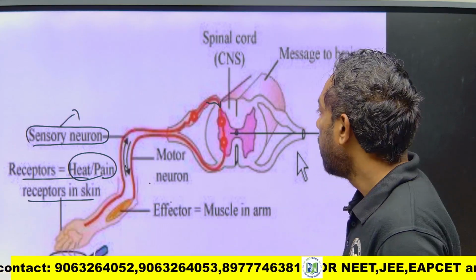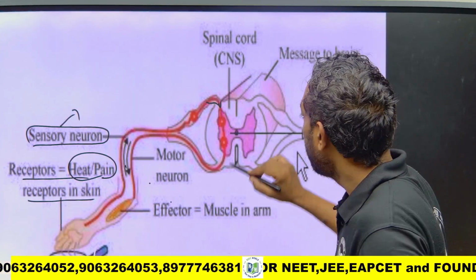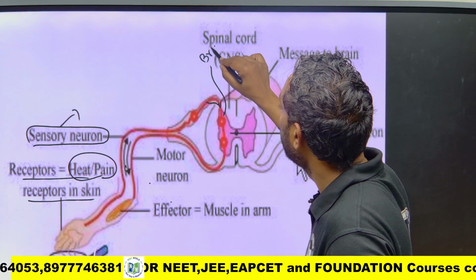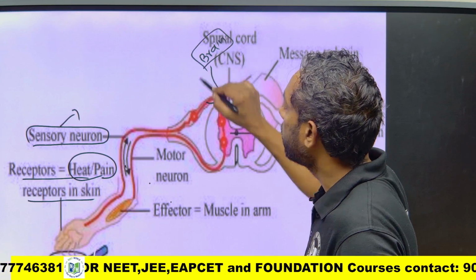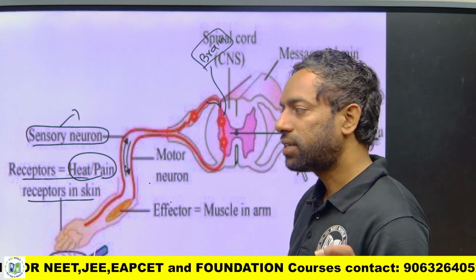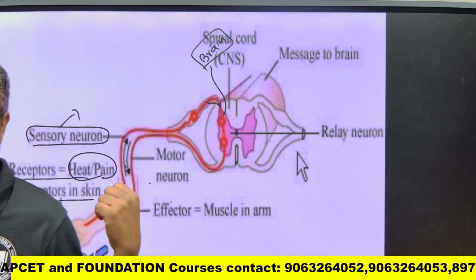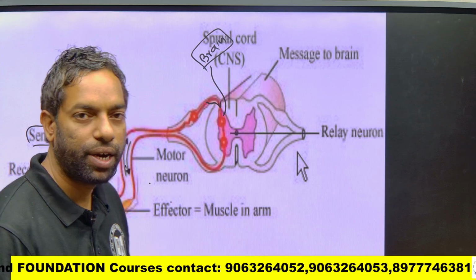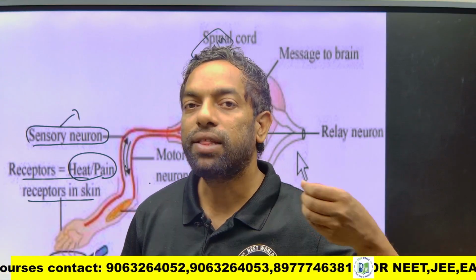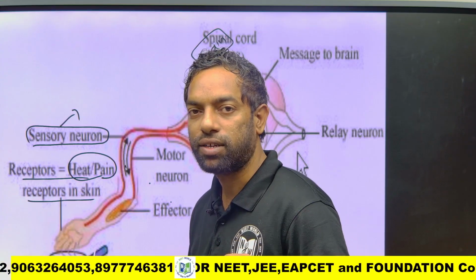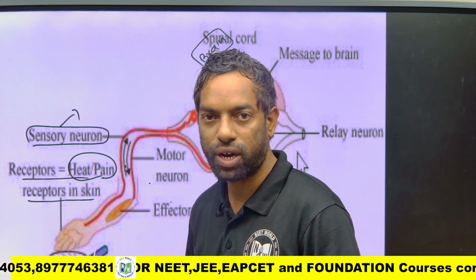Actually, this information needs to go from the spinal cord to the brain in normal conditions. But in extreme conditions, like accidents, fire accidents, or experiences like cold, heat, or hot water, we react immediately. Who takes the decision to capture the sensory information, analyze it, and give the information to the motor neuron?